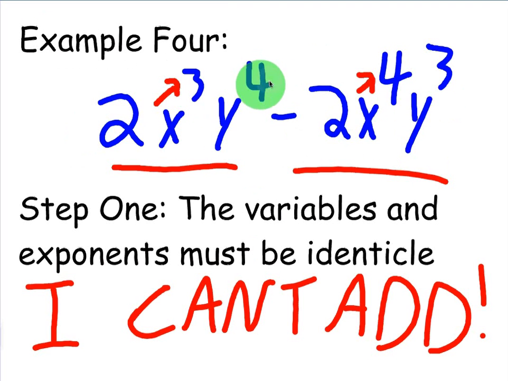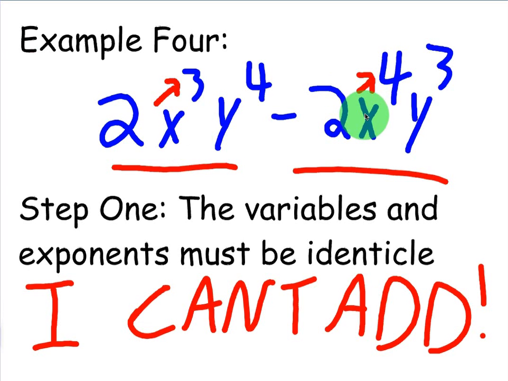The exponents that are associated with the variables have to be the same. You can't just pick and choose, saying well, they both have 4 and 3. No, because the exponents are different for the same variable, you cannot subtract those. You can't add them, and of course you can't subtract them either.